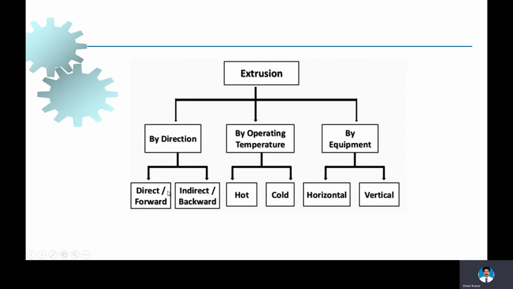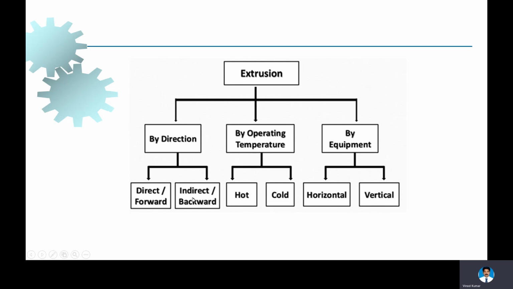Extrusion can be of two types by direction: direct and indirect. Direct means if the direction of movement of the ram and the direction of movement of the product are in the same direction, we call it direct extrusion. That means the movement of the ram forces the material out of the chamber in the same direction. That is called direct extrusion.